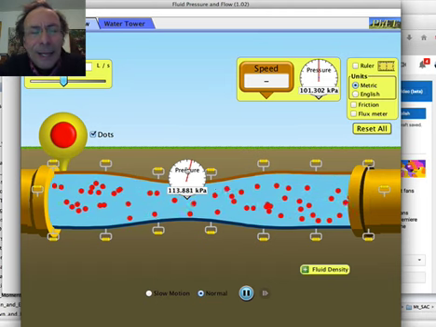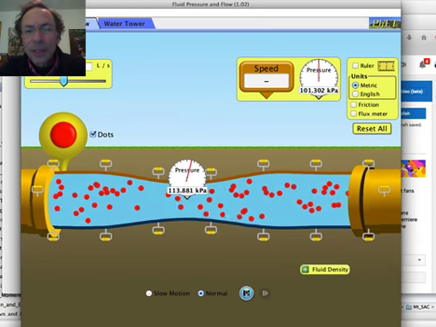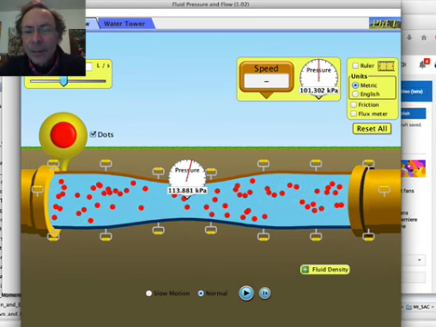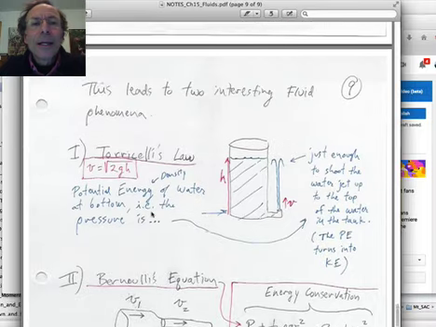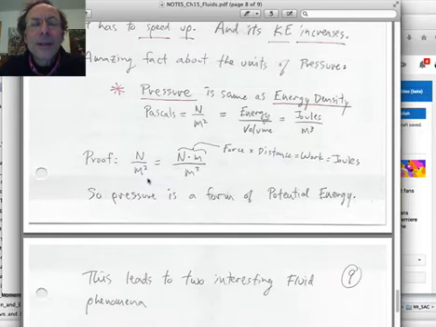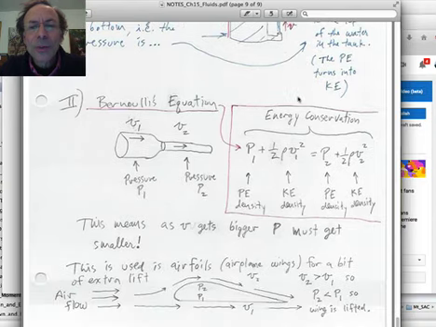So why is that? Okay, so now let's see the math explanation for that. Let's go to my notes. Okay, so recall that I said that the units of pressure are the same as the units of energy density. That comes into play here.